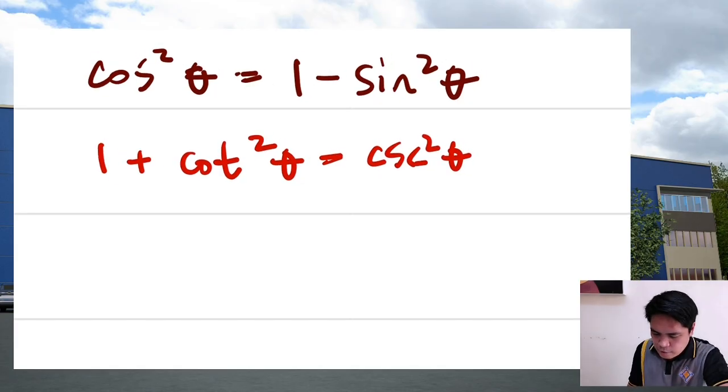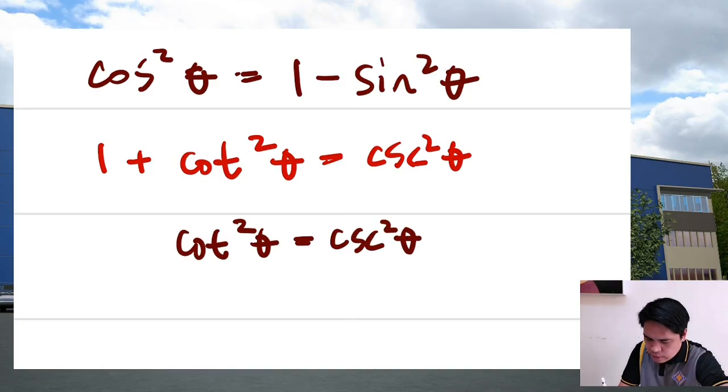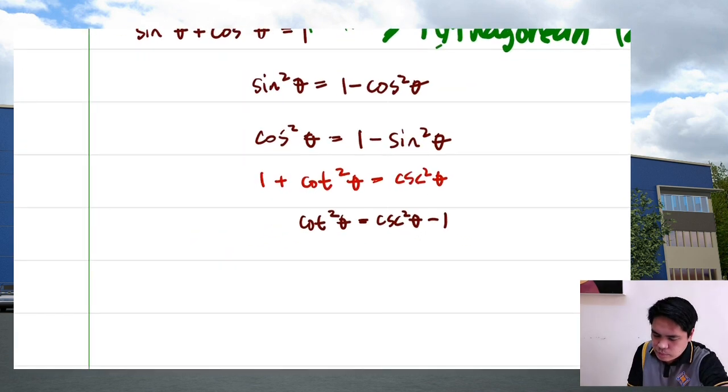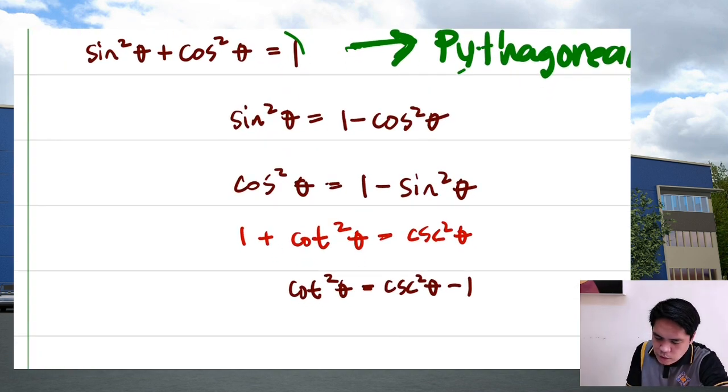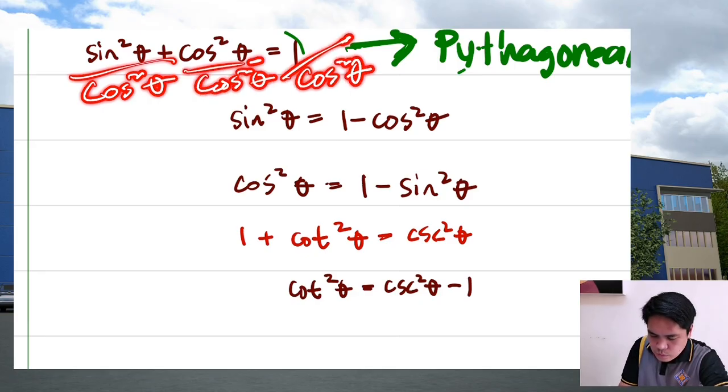So from here, we could also say that cotangent, paiba-iba ng color. We could also say that cotangent squared theta is equal to cosecant squared theta minus 1. And we could also say that, ano pa? Ganun pa rin. Pareho lang. Okay? Now, if we divide all terms by cosine squared theta, what will happen?